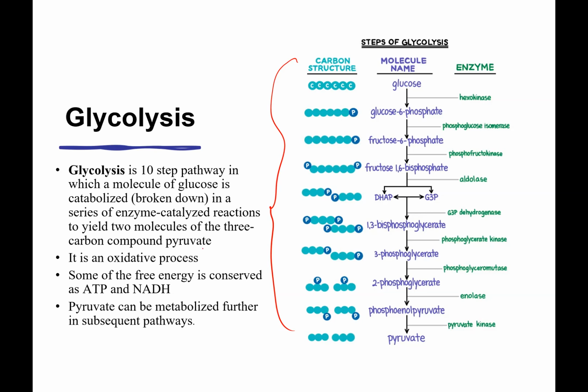It is an oxidative process, although interestingly enough, only one reaction is oxidative, even though we call it an oxidative process. I'll point that out when we get to it. As pointed out already, some of the free energy of this catabolic process is preserved in ATP and NADH, and pyruvate can go on for further action.